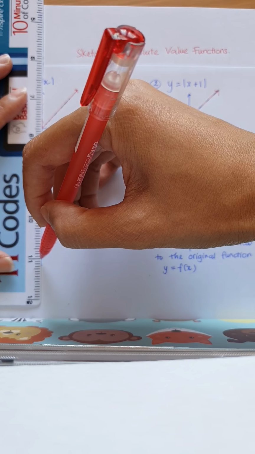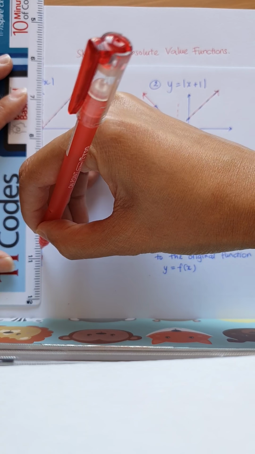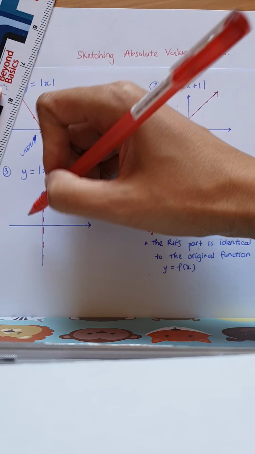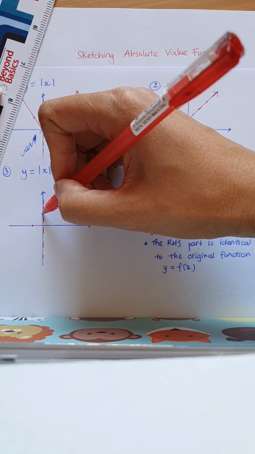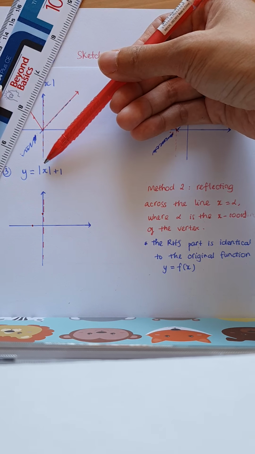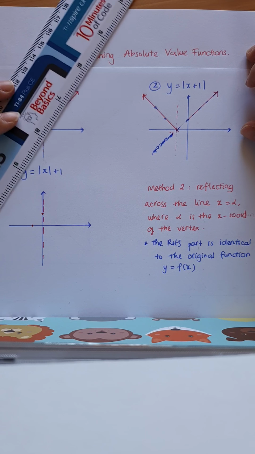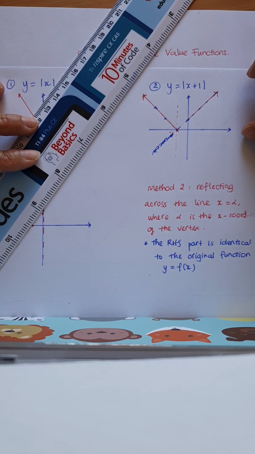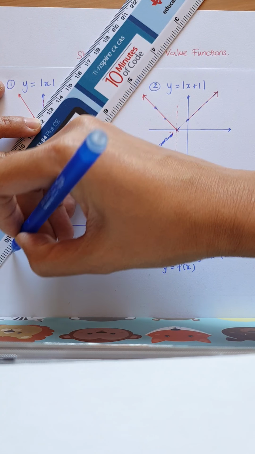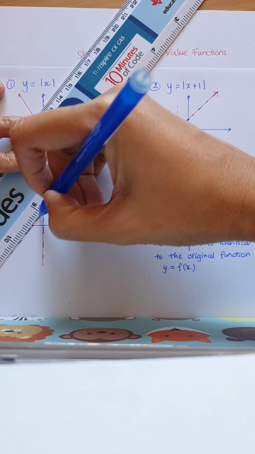So x equal 0 is our mirror line. Okay. Then we sketch the linear graph. y equal x plus 1. So remove the absolute value symbol. We have y equal x plus 1, which is the straight line that goes through the y-intercept. Y-intercept equal 1.